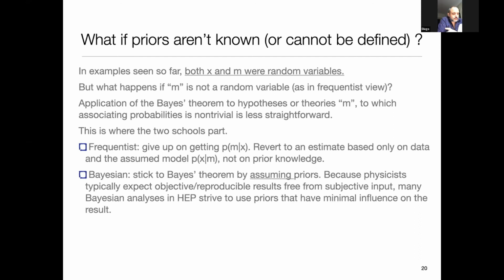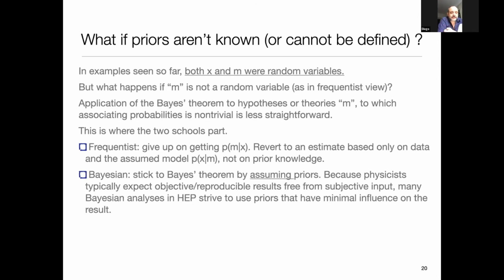So the two schools part here, because frequentists, when they are dealing with parameters to which they do not feel comfortable assigning a probability distribution, give up the idea of getting P of M given X, so P of the parameter given the data.